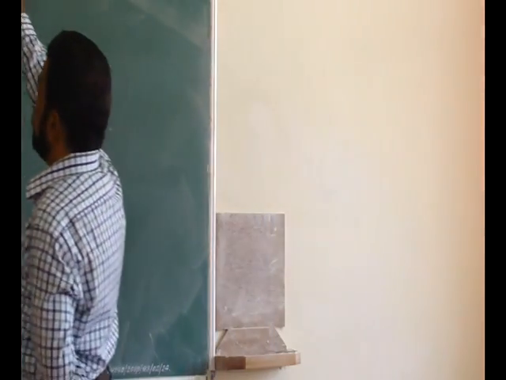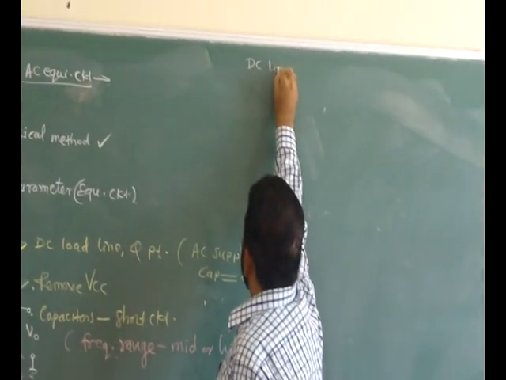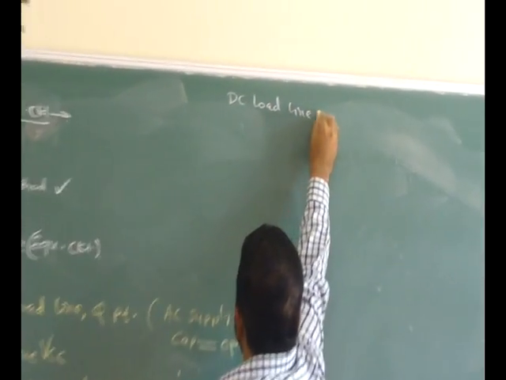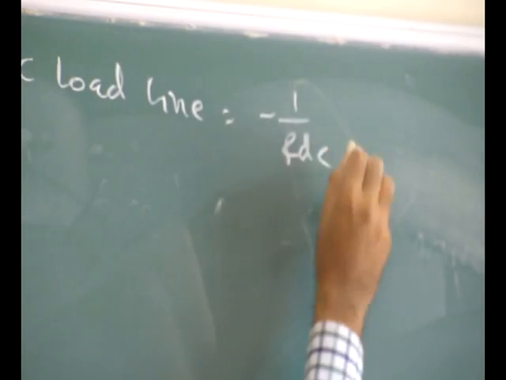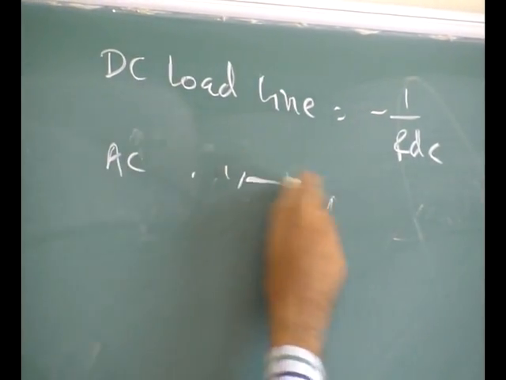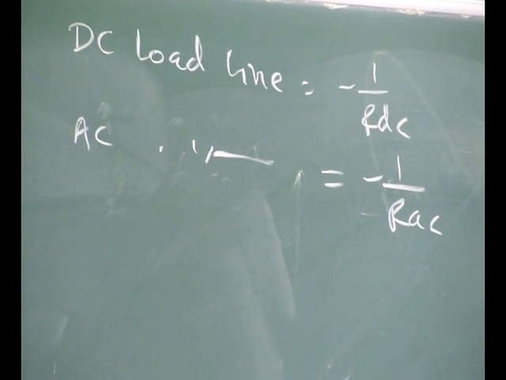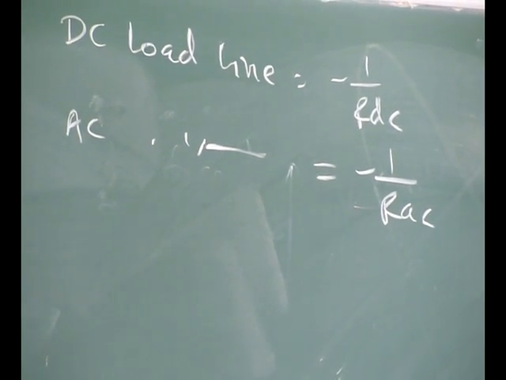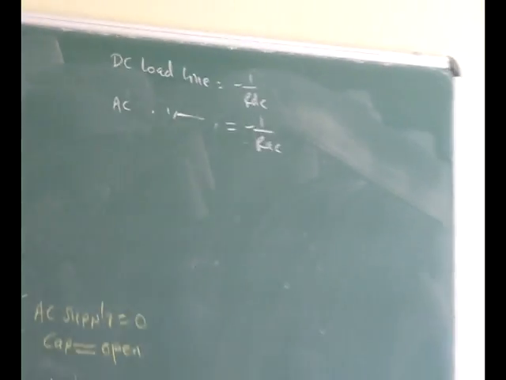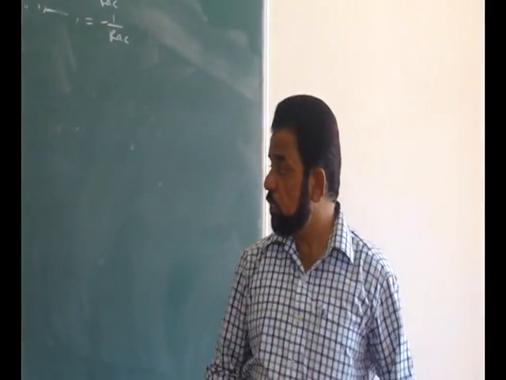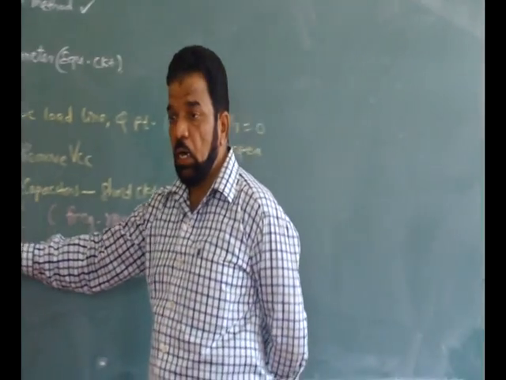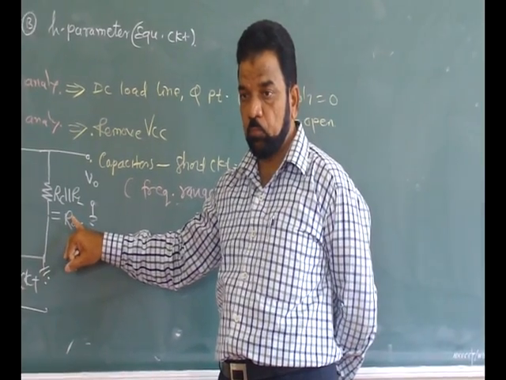What is the slope of the DC load line? Minus 1 by RDC. So for the AC load line, I can make the statement minus 1 by RAC. So what is RAC? RAC is nothing but RC parallel RL.